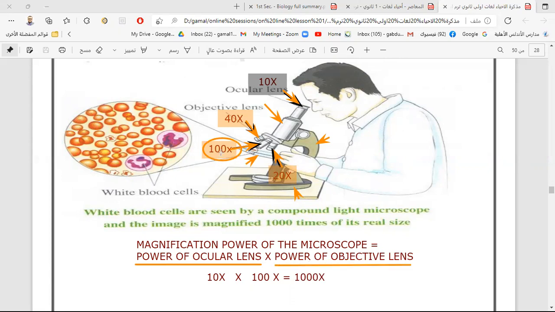It will be what? It will be 100 multiplied by 10. It will be 1,000 times. So you can magnify the slide, the sample of the blood, 1,000 times. Is it okay? Okay.